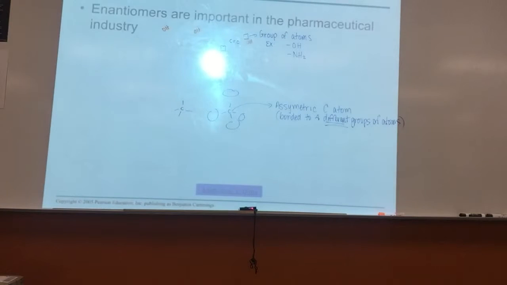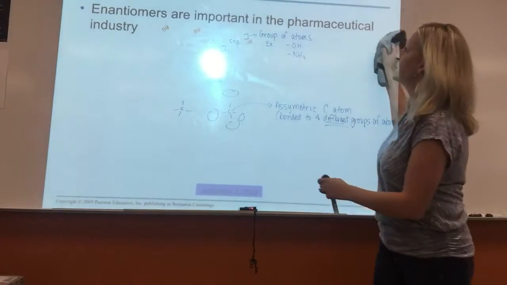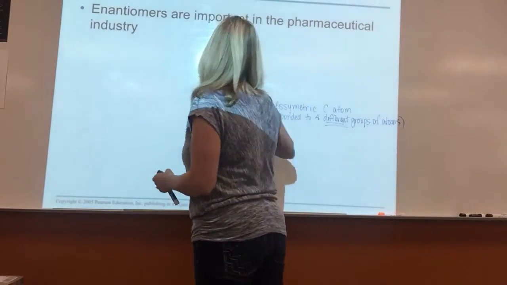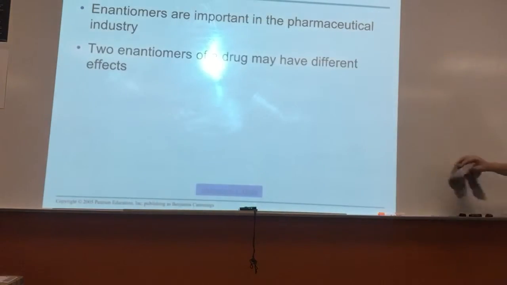And so isomers are important, especially the mirror images of one another, they pertain to the pharmaceutical industry and making medicines and drugs for people. Because 2 enantiomers of a drug, so they have the same formula, different shape, just mirror images, have different effects on the body and on the organism that you're giving the drug.